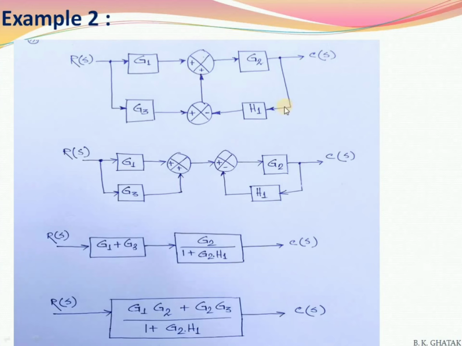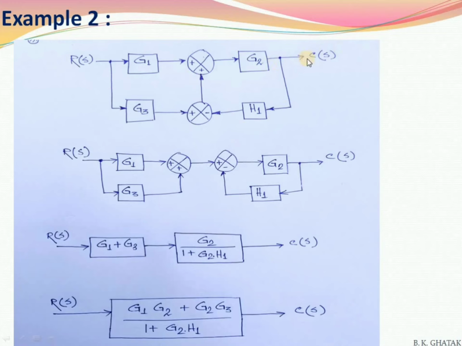Clear? So look at the first diagram. Input is applied to blocks G1 and G3, and then the two outputs are applied to a summing block. Then from there G2 and H1 are in feedback. Clear?